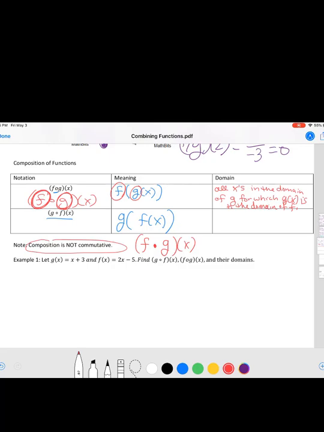The same thing goes for g of f of x, only you're switching your functions. The domain for g of f of x is all x's in the domain of f for which f of x is in the domain of g. So that's a mouthful, and it's a little bit hard to follow, but once we go through an example, I'm going to show you an easy trick to figure out how to find the domain.